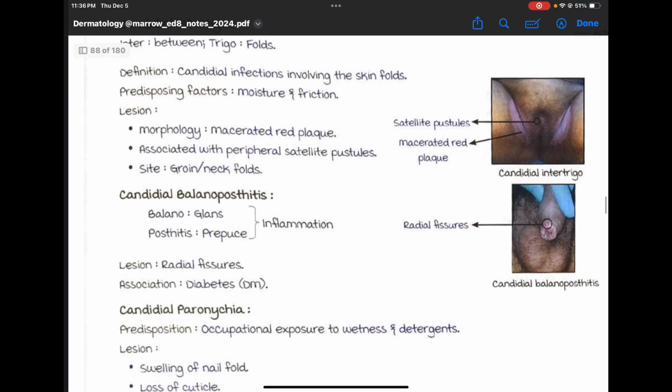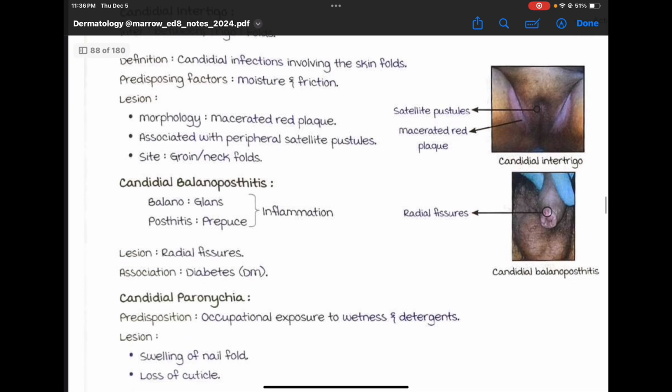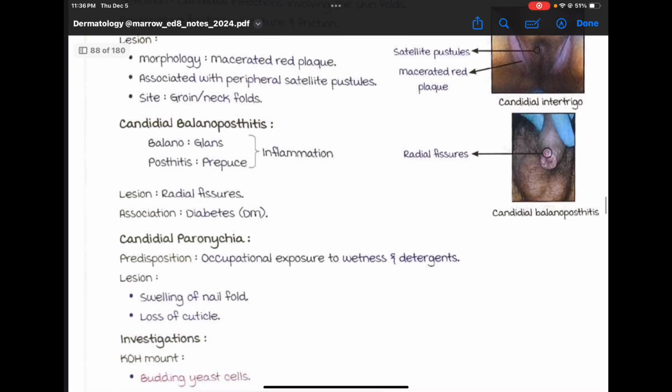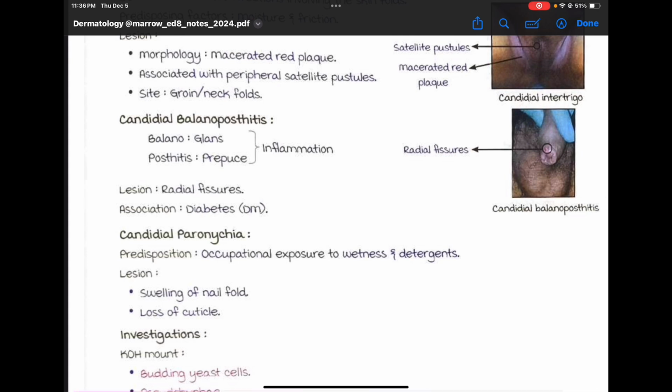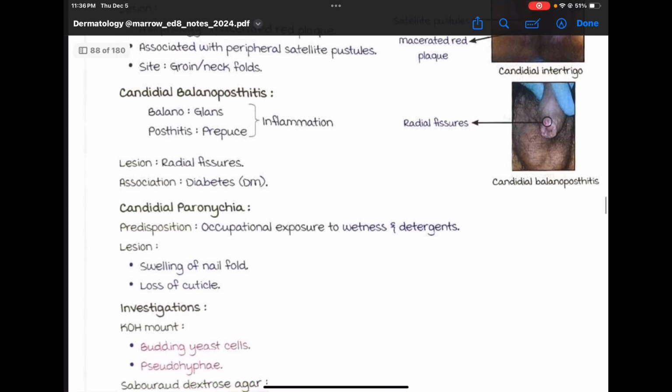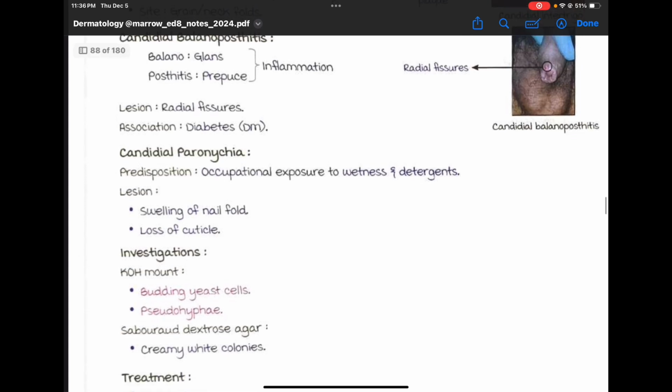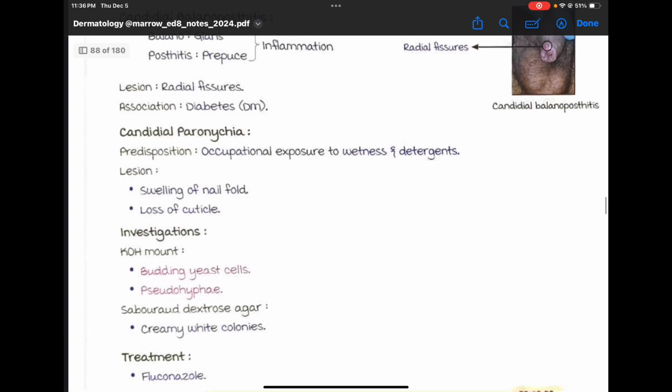Lesion morphology: macerated red plaque associated with peripheral satellite lesions, pustules, groin and neck folds. It's itchy. Candidal balanoposthitis, radial fissures, balanitis, prepuce inflammation. Lesion: radial fissures, association with DM.